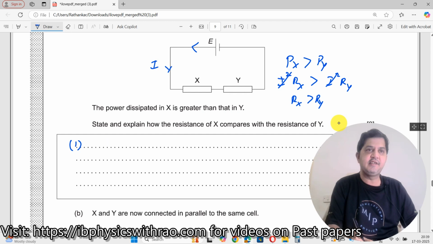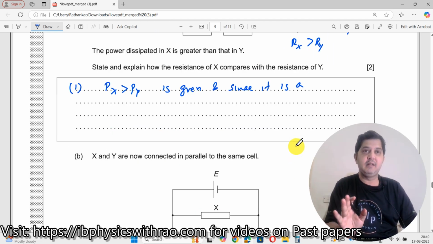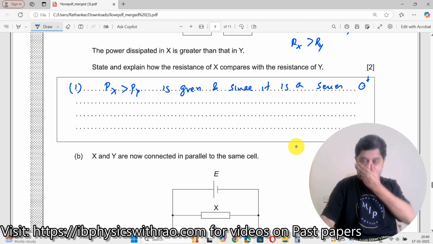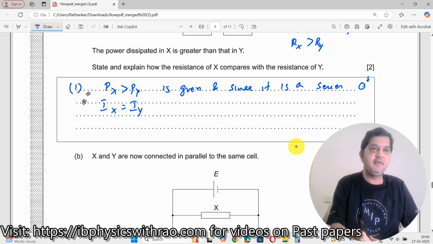The first point is Px greater than Py is given. If you just write Px greater than Py, nobody will give you a mark. Since it is a series circuit, we have current Ix is equal to Iy, 1 mark.